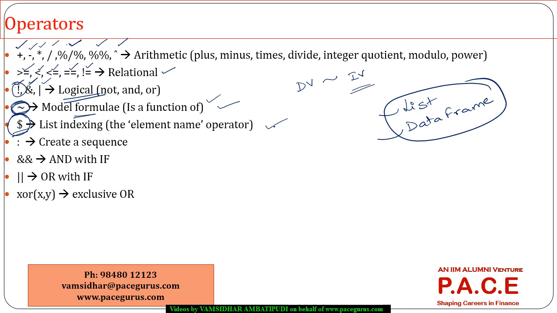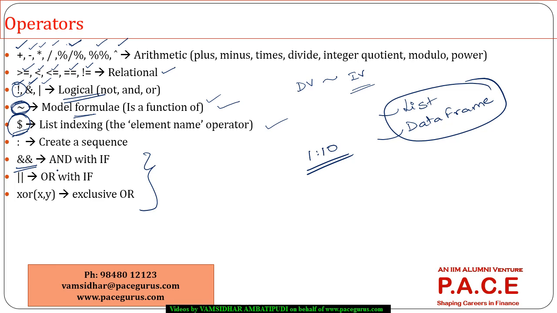Then if I want to create a sequence, say numbers 1 to 10, I can simply say 1:10. So a sequence can be initiated through a colon, and there are a few other operators we will use later, where I am using a double ampersand.